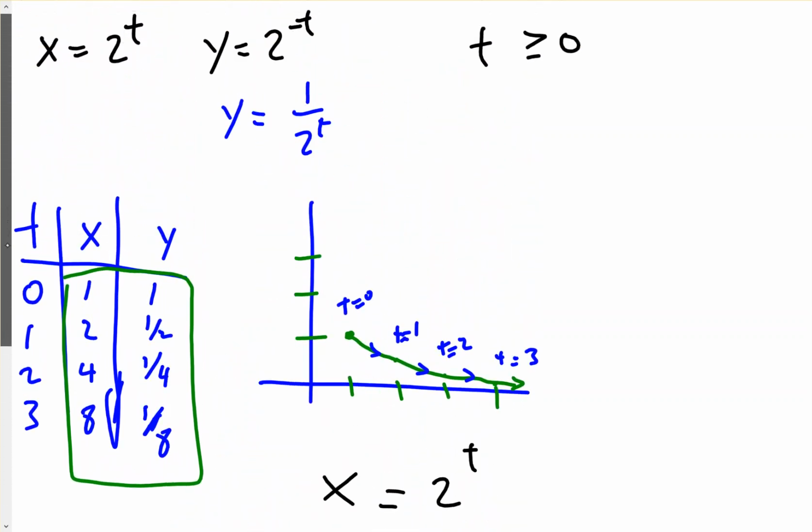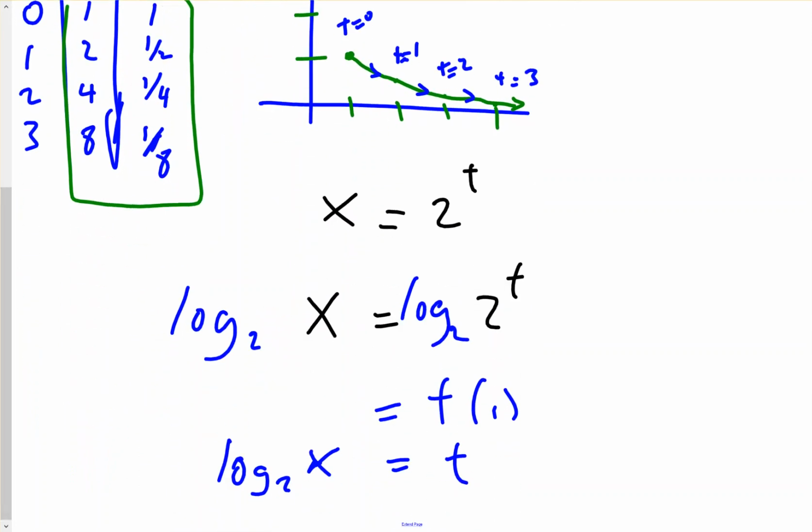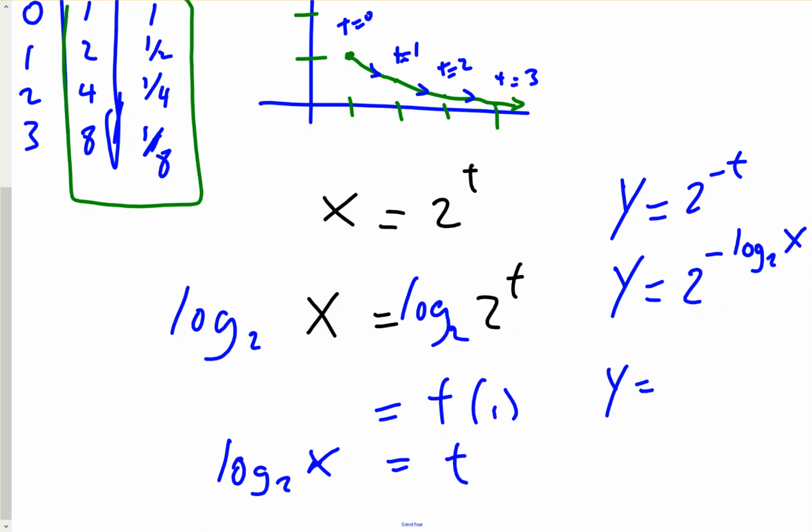So we have y equals 2 to the negative t. That means when I plug this in, log base 2 of x, I have 2 to the negative log base 2 of x. And so I have y equals, now this negative that's in front, I could use that negative and put it as an exponent on my x.